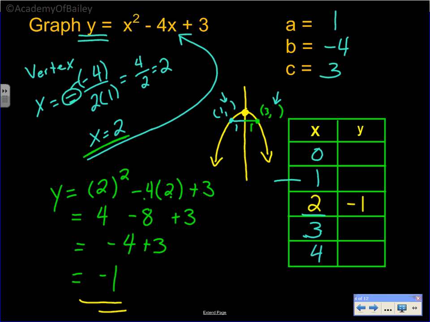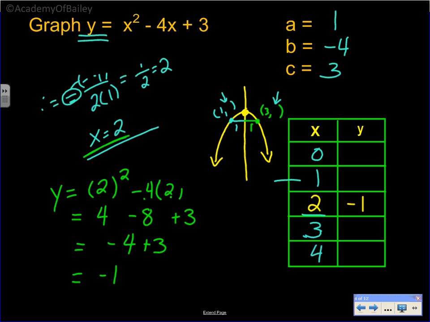That has everything to do with a parabola being symmetric on both sides of the axis of symmetry. And we're going to use that concept to save us a little bit of time in doing our calculations here.